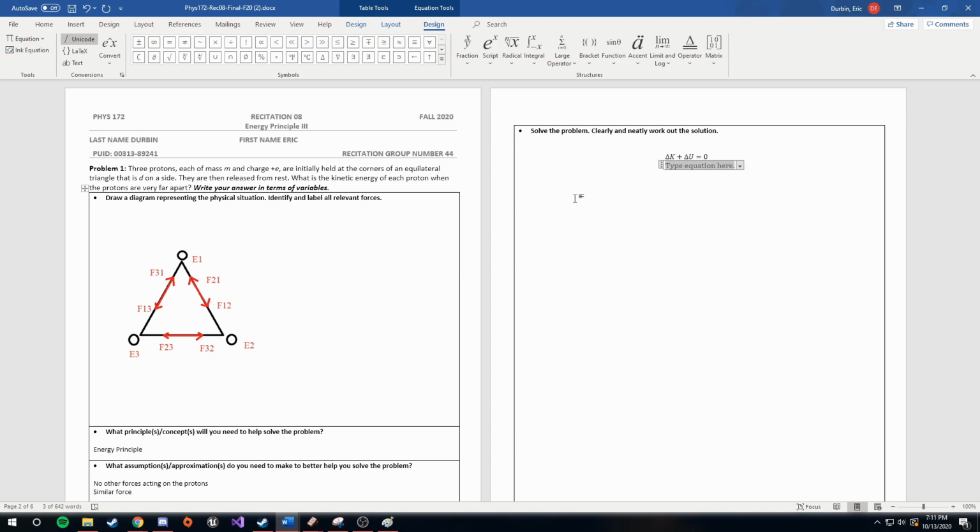That means kinetic final minus kinetic initial plus U final minus U initial equals 0. Kinetic final is not 0. Kinetic initial is 0. Potential final is 0. That equals 0. There you go.